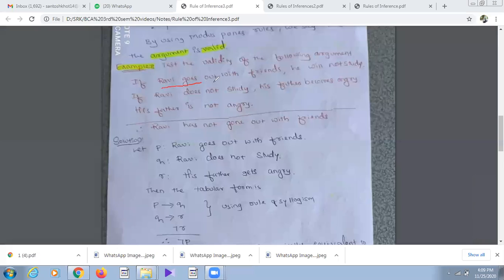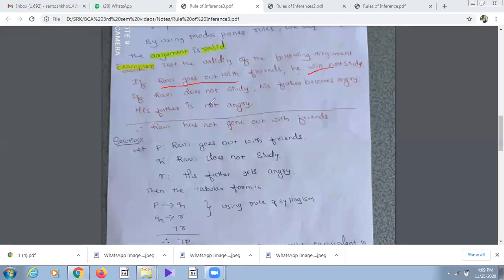So we identified the sentences. First, this is the one sentence we got, which we denote as P. Next, he will not study. We denote that as Q, because although this is negative, its opposite, he will study, is not a sentence in this argument.